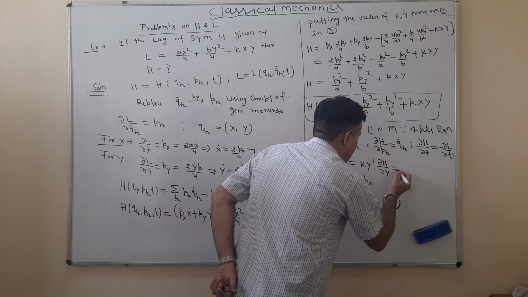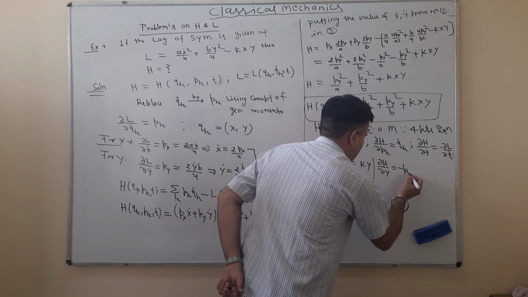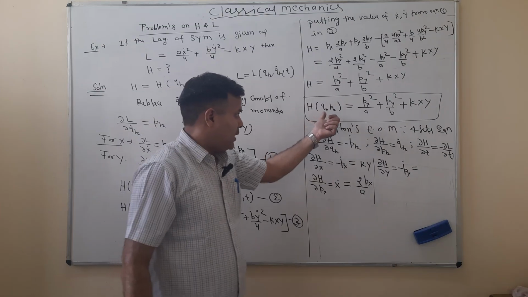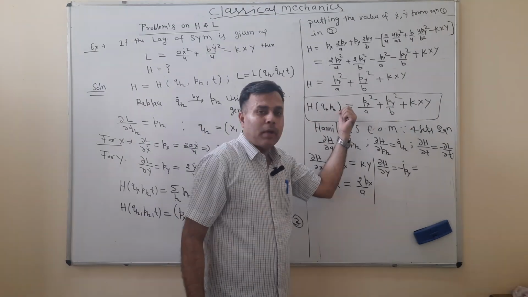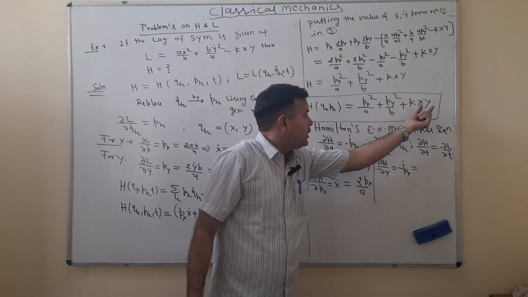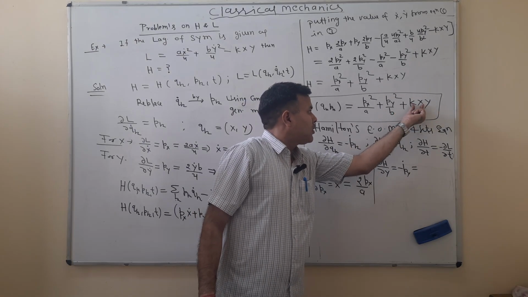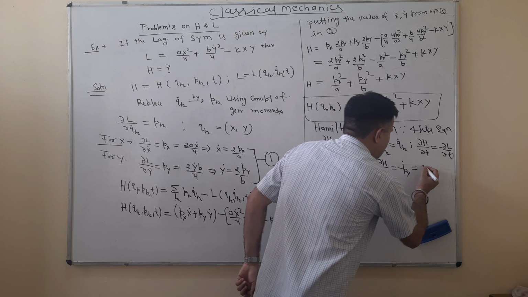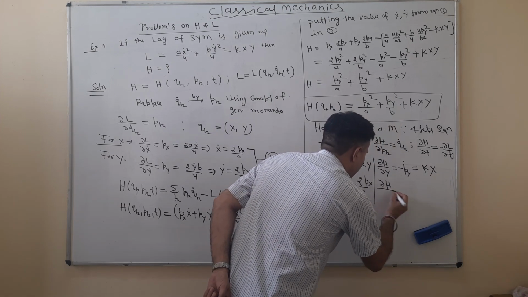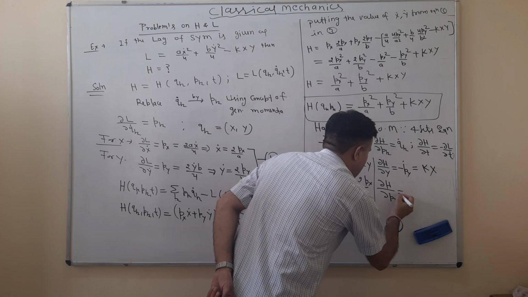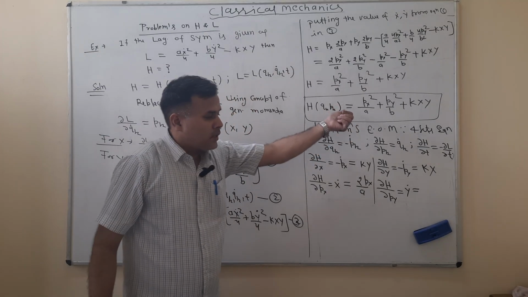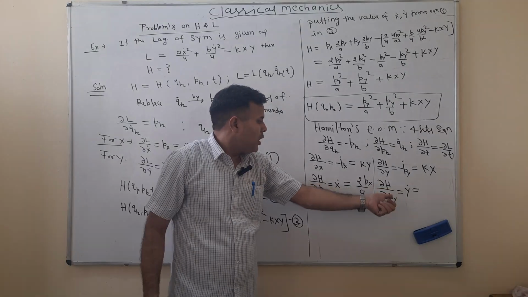So del H upon del y, which is minus Py dot, and what is del H upon del y? It is differentiating H partially with respect to y. So with respect to y, only this term is not treated as constant, this will be 1, so we have K of x. And what is del H upon del Py, which is simply y dot, again differentiating H partially with respect to Py.